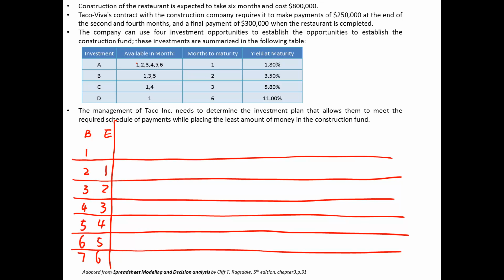And based on our analysis, for example, if we put $100 in A at the beginning of month 1, I'll say that's the cash outflow, because that's how much money we take out.